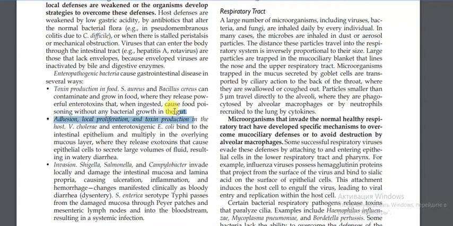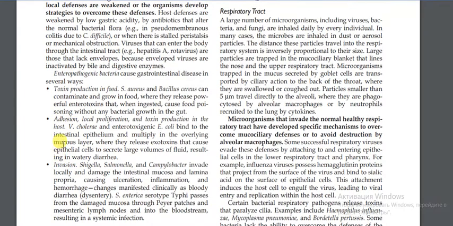So it's not a classical infection, as I said before. Another example is botulism, Clostridium botulinum. It causes the formation of toxin in food, and when we ingest it, it damages our digestive tract.